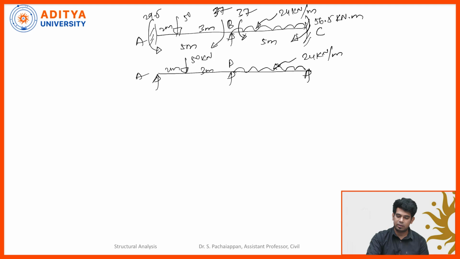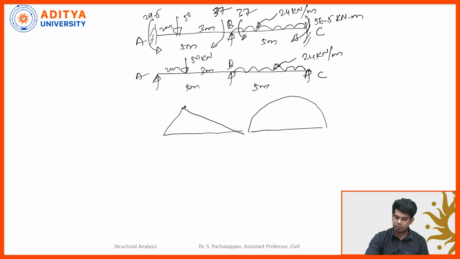A, B, C, 5 meters, 5 meters. Let's draw the maximum positive bending moment diagram. For the point load, the bending moment diagram is a triangle. For the UDL, the bending moment diagram is a parabola.